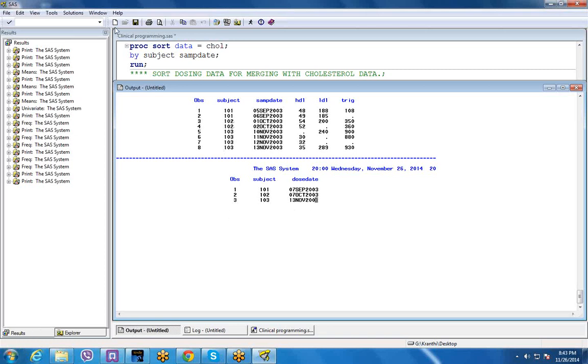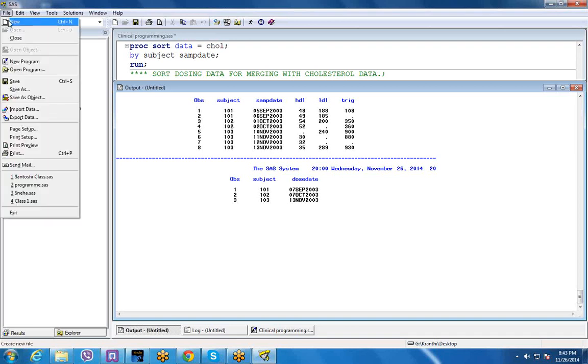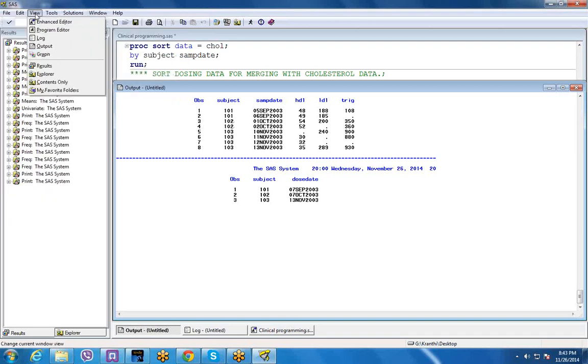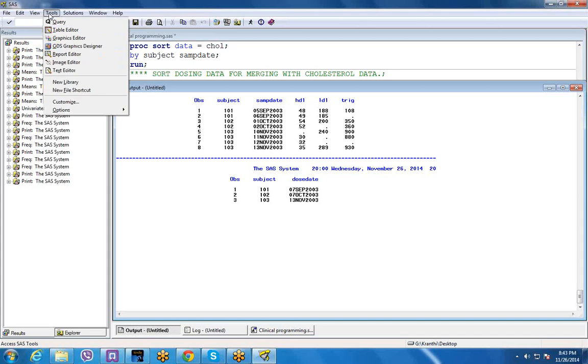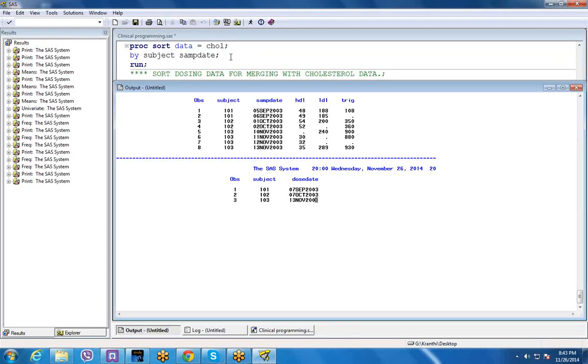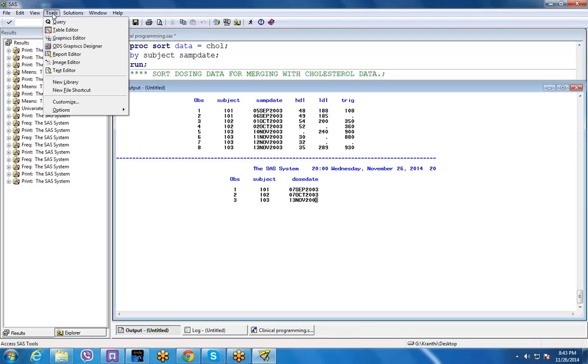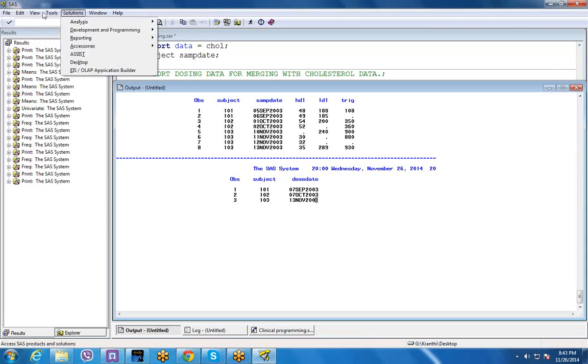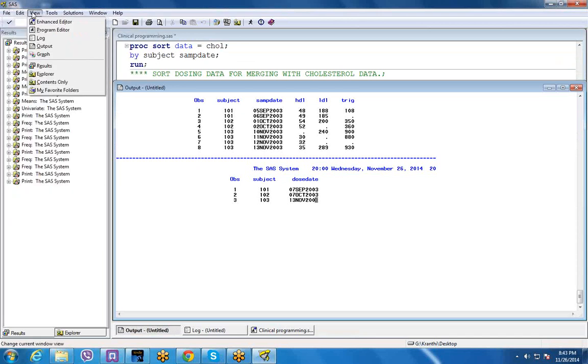Okay, let me show you. In SAS also you can open your notepad. New, you can see view. There is tools, text editor. Okay, no, not this one. You can open one notepad also. One second.